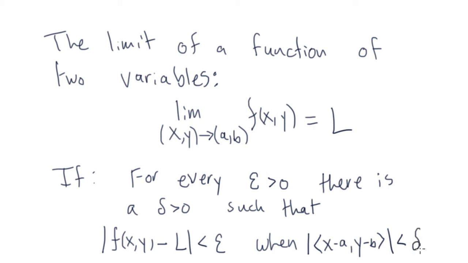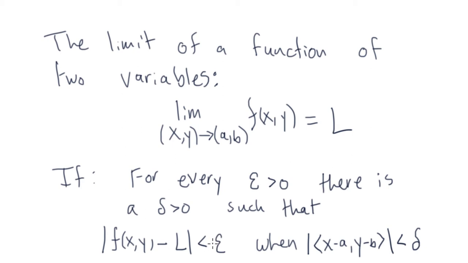Okay, so notice that this vector is the vector connecting the point (x,y) to the point (a,b). So what we're really saying is that when the point (x,y) is close to the point (a,b), and what we mean by close is that the distance between those two points is small, we have that the absolute value of the scalar valued function f minus this number L is small with respect to epsilon.